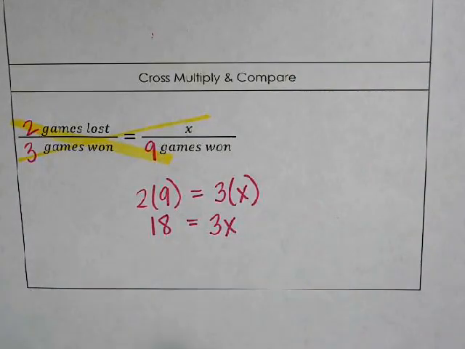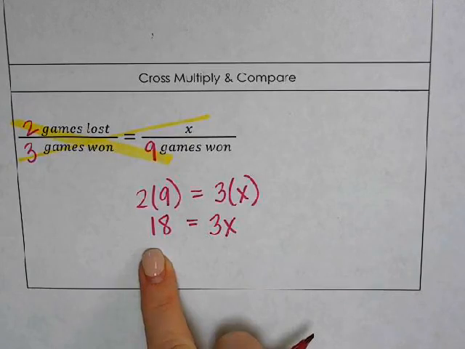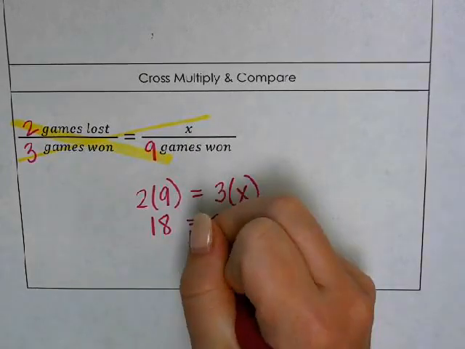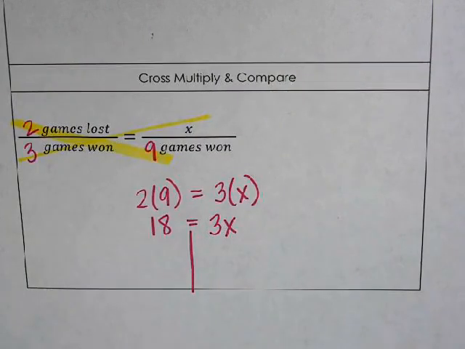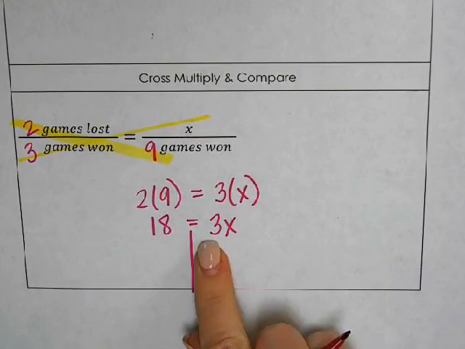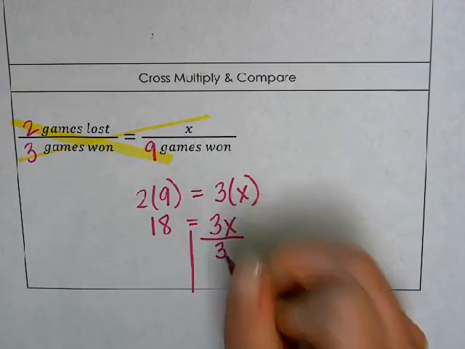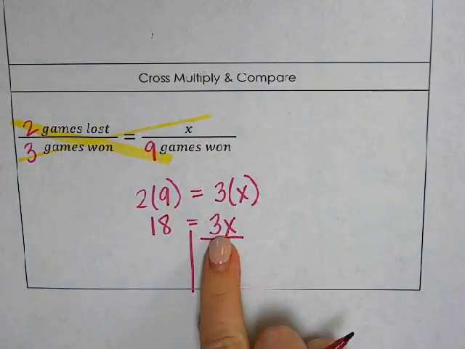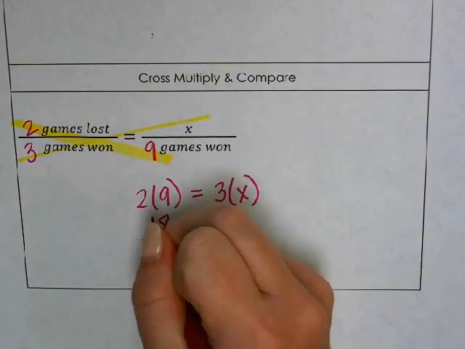What number times 3 would give me 18? If you needed to, we could draw this line so that we know that each side of this equation should be balanced. To get the coefficient 3 away from x, I would use the inverse operation of division. Since this represents multiplication, the opposite of multiplication is division. And I will also do this on the left side to keep that balanced.